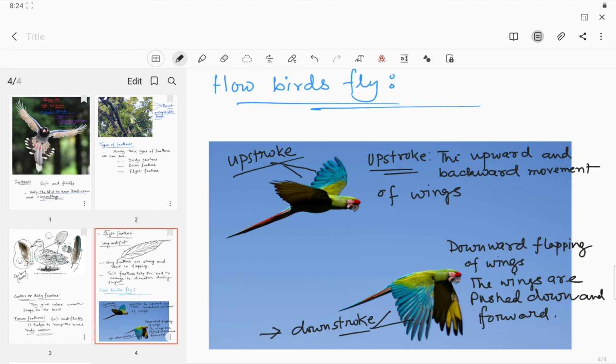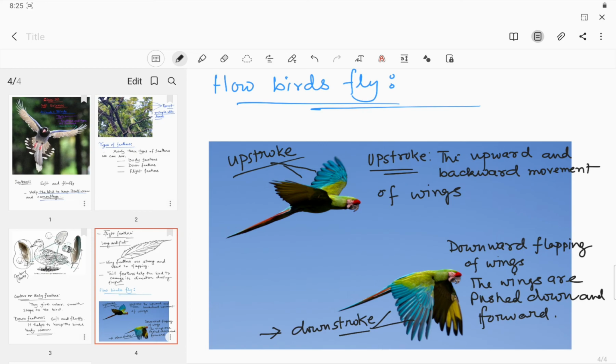So using this process, a bird can fly. And to change the direction of flight while flying, birds use their tail feathers.